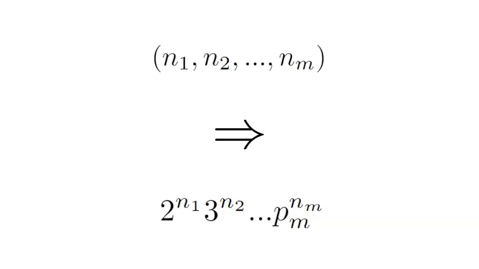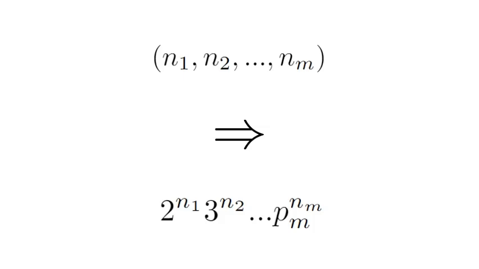We will assign to the sequence the natural number that has that prime factorization. Note that if we have two different sequences of natural numbers, they will result in two different prime factorizations, and so they will be assigned different natural numbers.